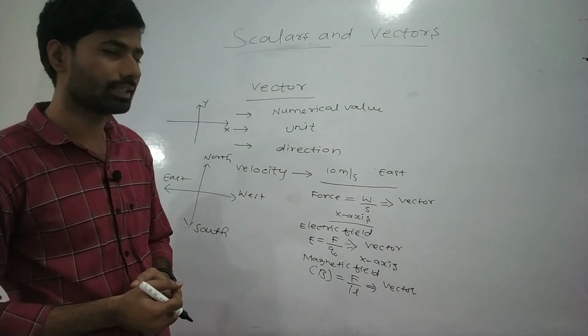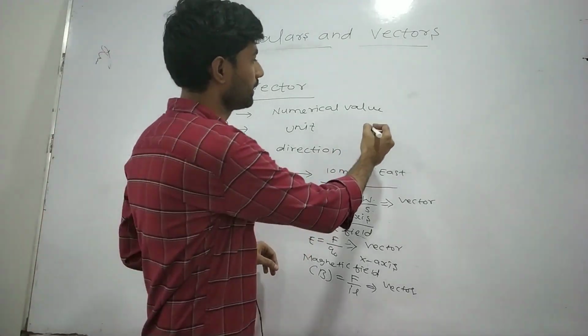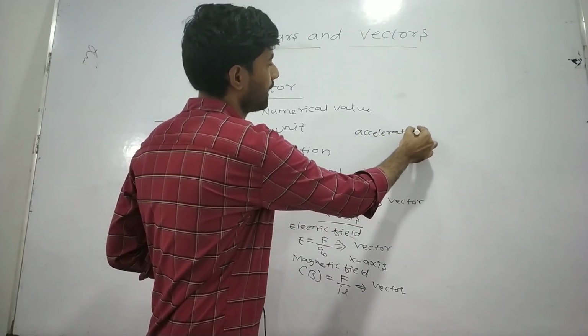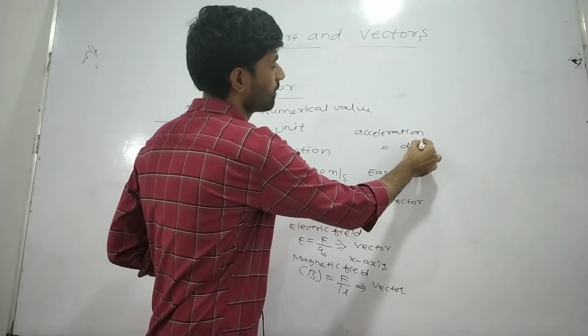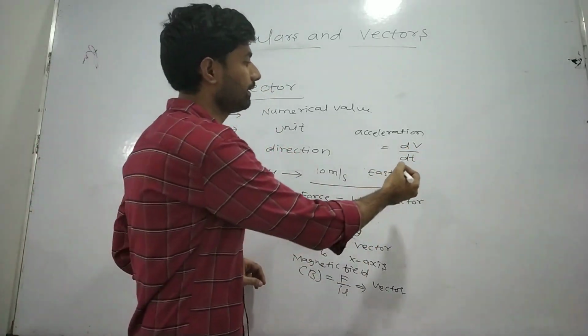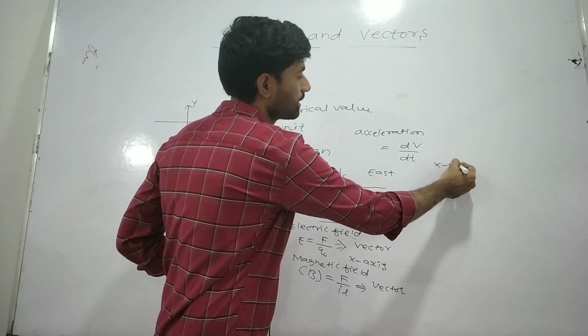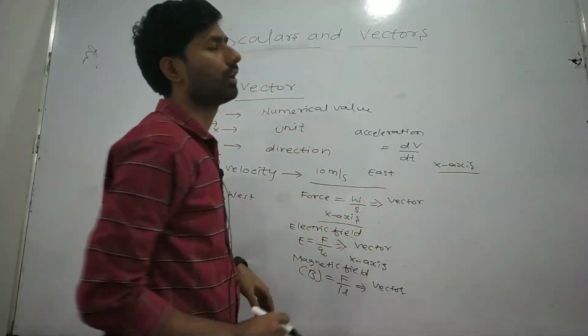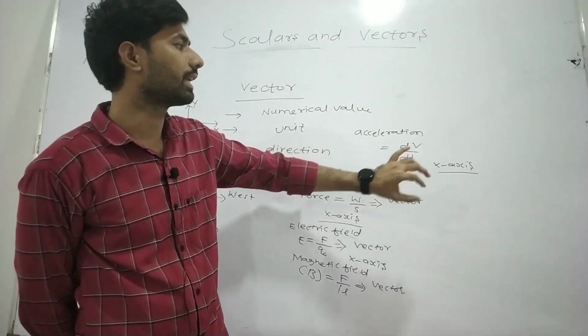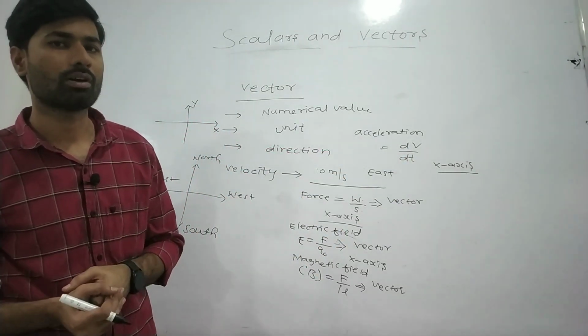Now we will see another example of a vector quantity. Acceleration is also a vector quantity, that is the rate of change of velocity. So you can write dv by dt, and let us suppose along the x-axis there is a change in the velocity. So we can write dv by dt along the x-axis, and that will also be a vector quantity.